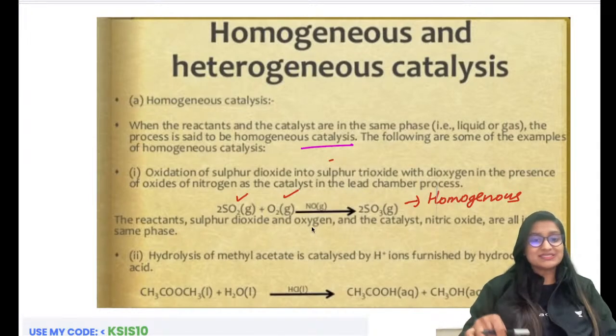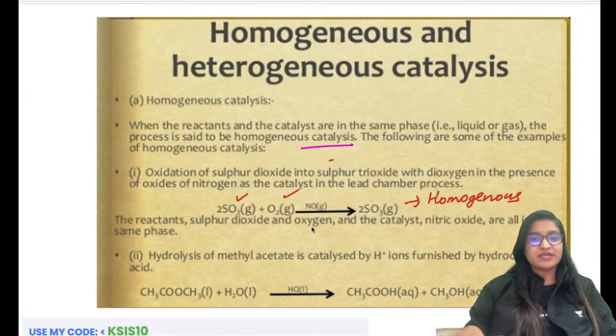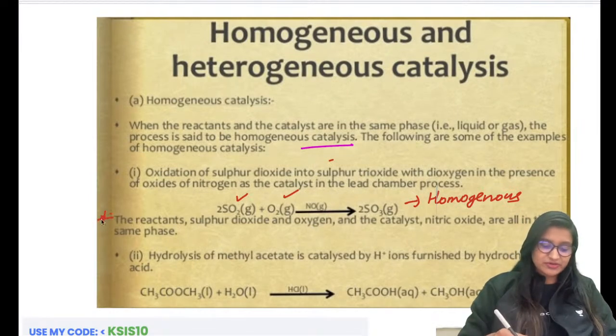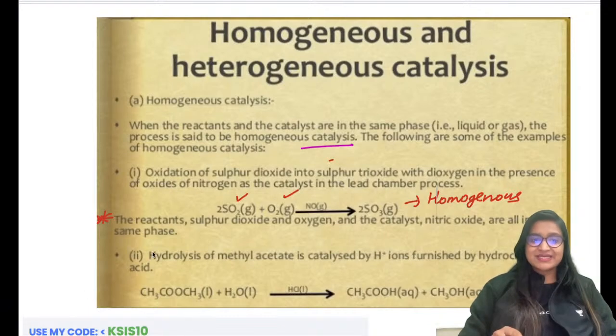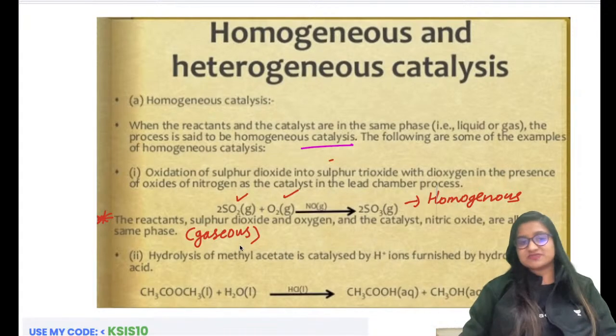So the reactants and the catalyst are present in the same phase. That is why this is the case of homogeneous catalysis, okay? As you can see, here is your explanation as well, which says the reactants sulfur dioxide and oxygen and the catalyst nitric oxide, that is NO, they are all in the same phase, that is gaseous. They are present in the gaseous phase, okay?